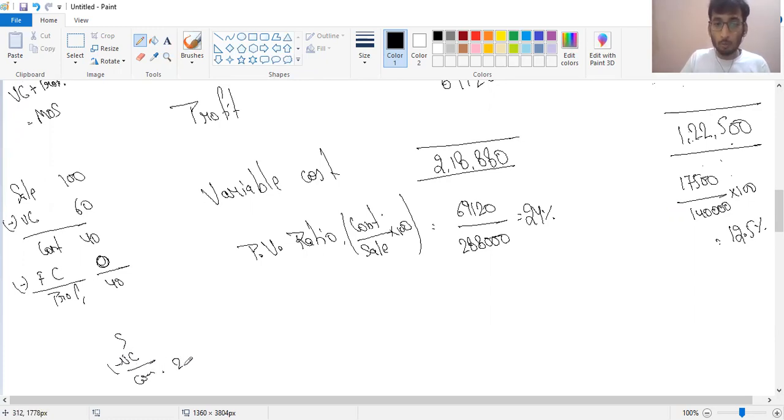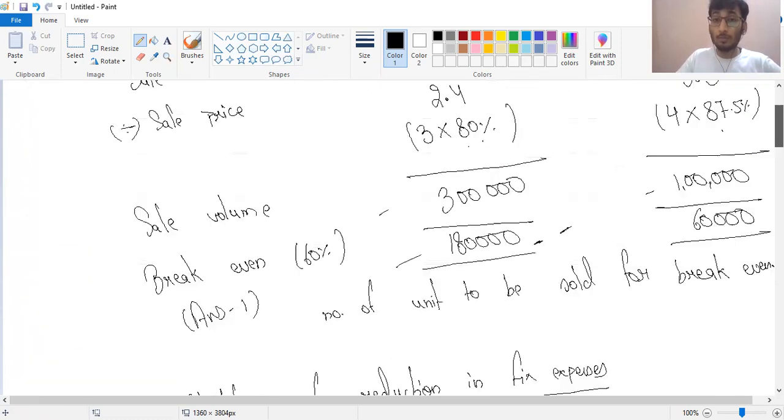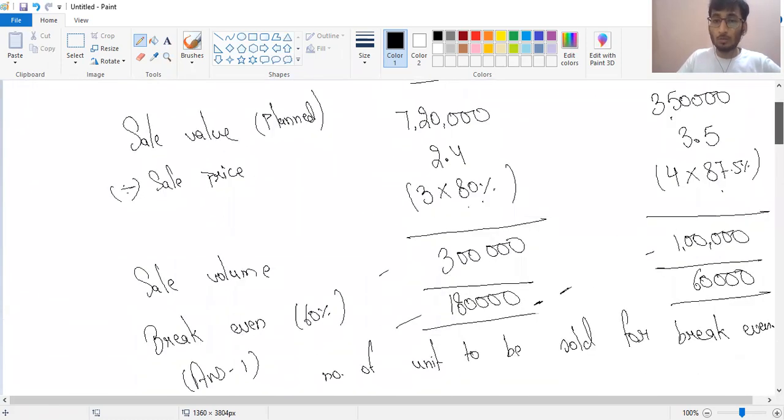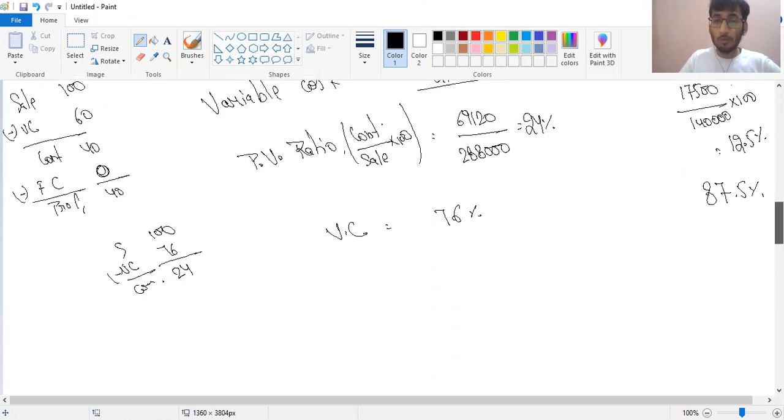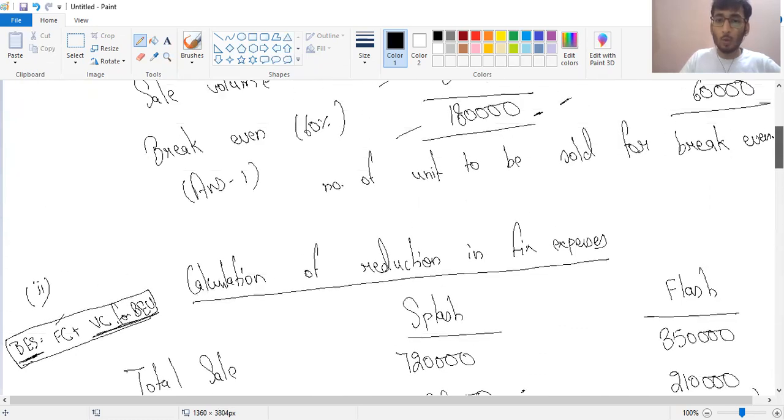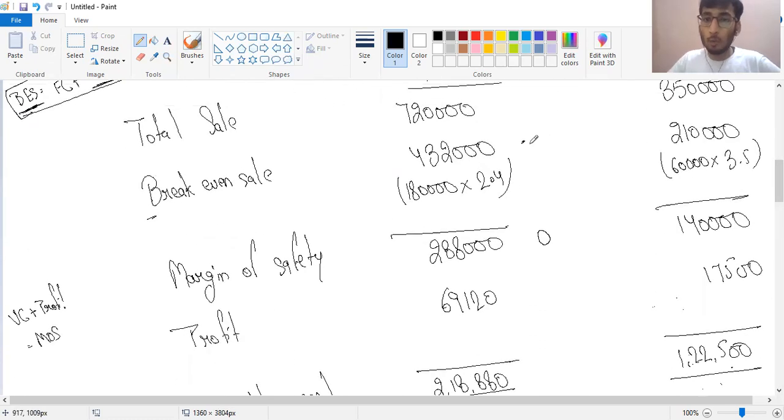So if contribution is 24, sale is 100, what is the variable cost? 76. Easy. So you can say variable cost is 76% and 87.5% is the value of total variable cost for the other product.